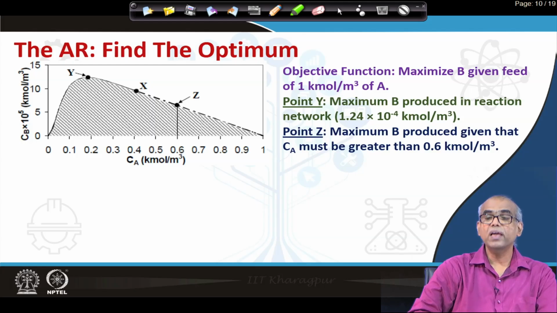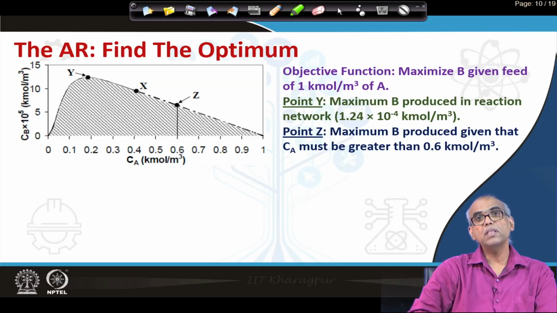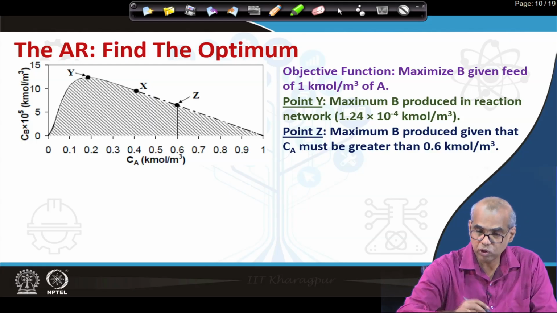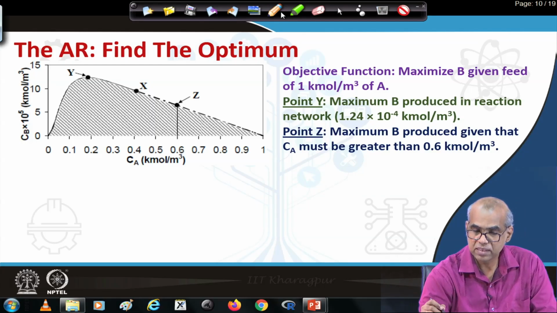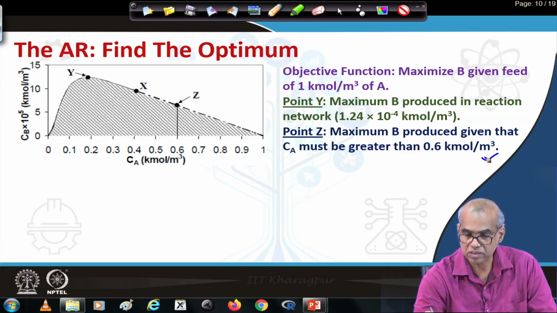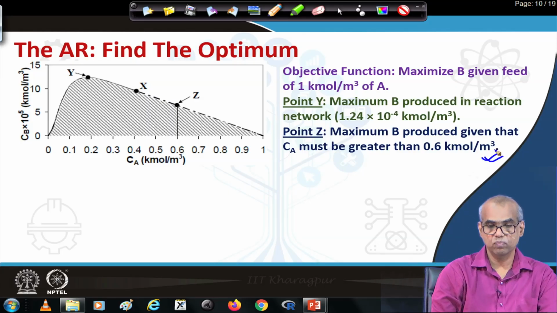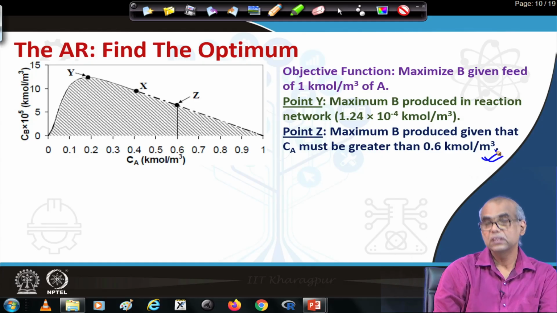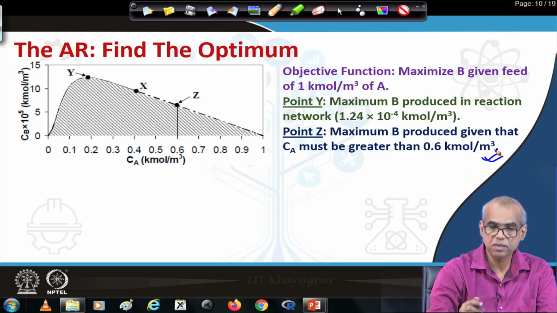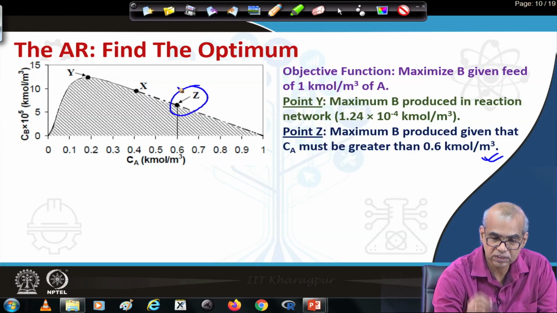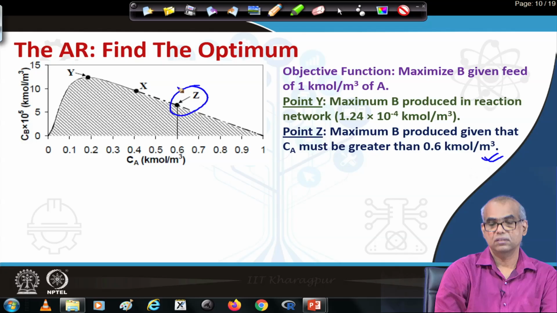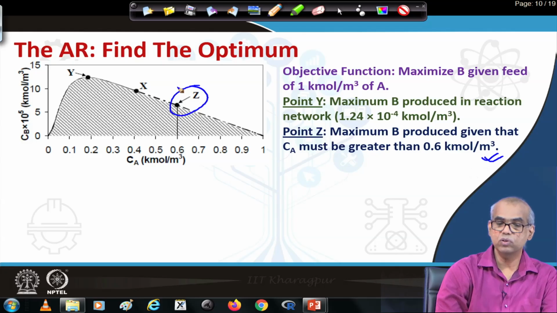Now, if I ask the following question, what will be the maximum amount of B produced given that Ca must be greater than 0.6 kilomole per meter cube? So, 0.6 is the bound on the concentration of A. That is represented by point Z, which corresponds to Ca equal to 0.6.